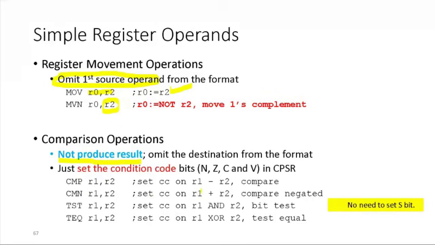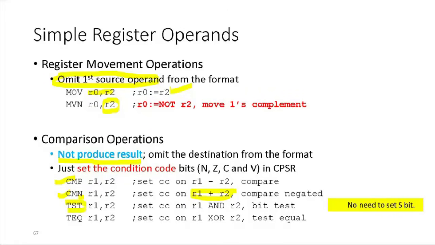They will subtract only, but they won't produce any result. And see, this is compare. This is compare negate. What is compare negate? In the instruction we have CMN. Instead of R1 minus R2, it will do R1 plus R2. That is what is compare negate.